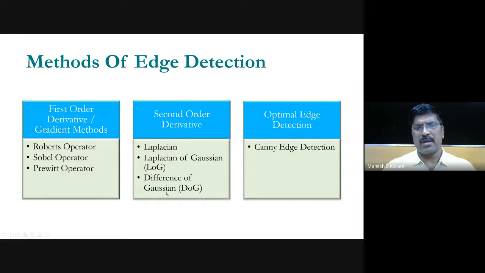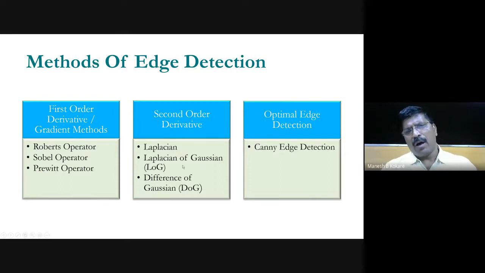We'll see how it is. But the problem of the Laplacian of Gaussian is that computation complexity is high. So to reduce it, another method was proposed whose result is just like the Laplacian of Gaussian, and that is the difference of Gaussian, called the DoG method.